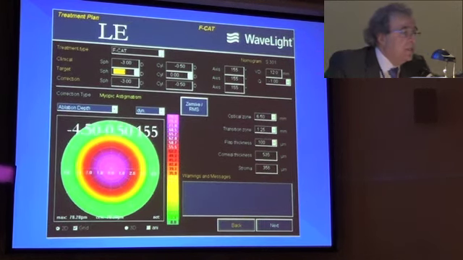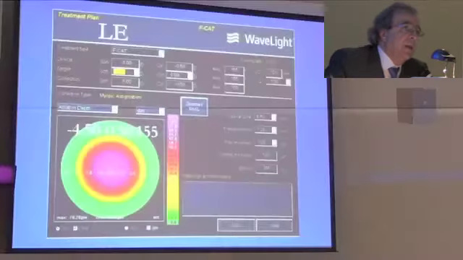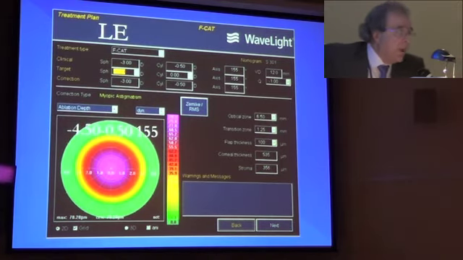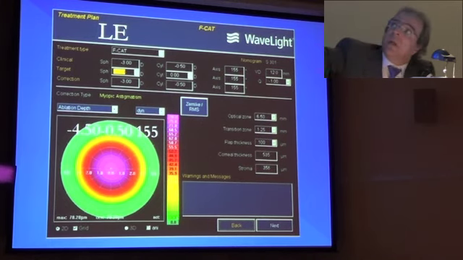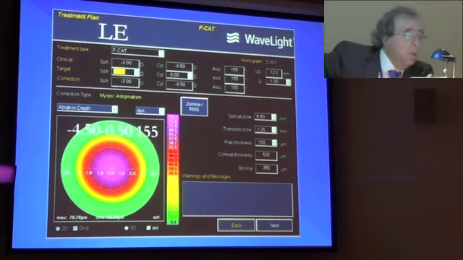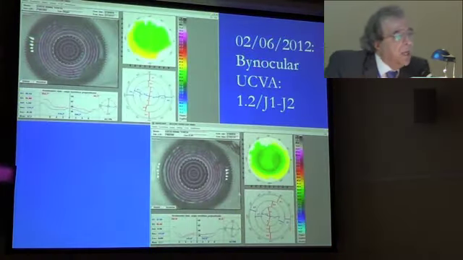Here the difference is 1.50 diopters between the refraction and the correction. The Q target in all cases in myopia I use -1, like my previous speaker, and the binocular result, corrected visual acuity 1.2 J1.